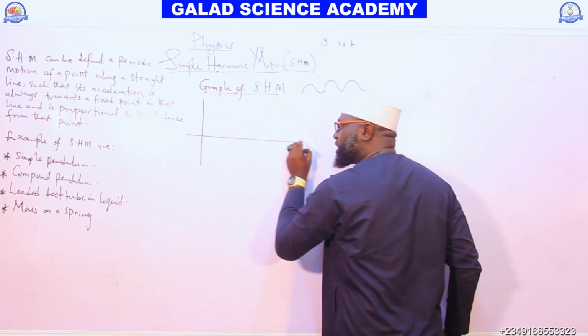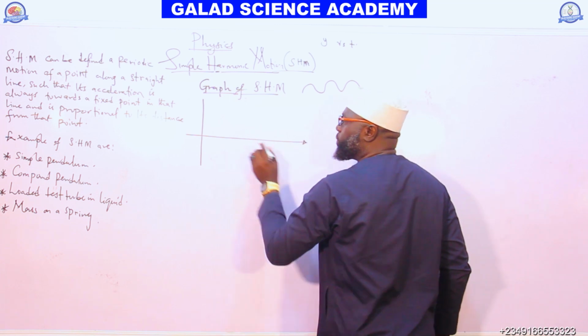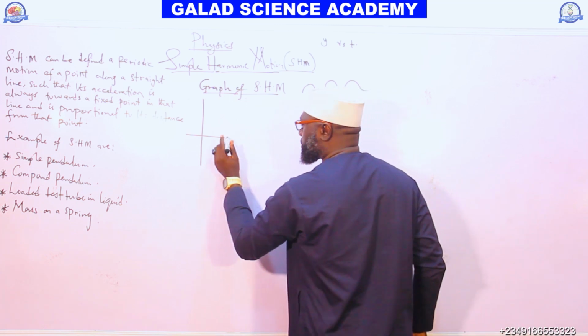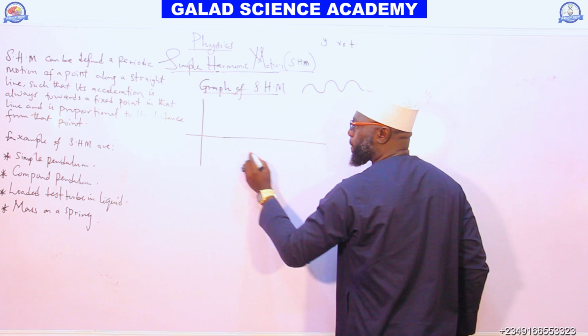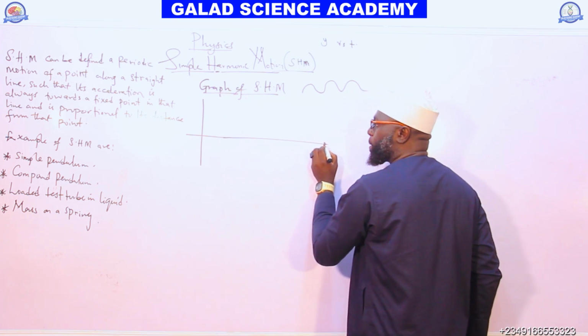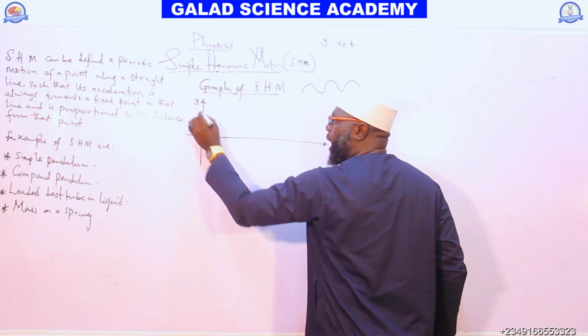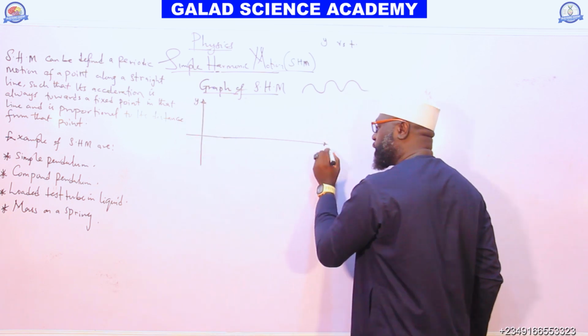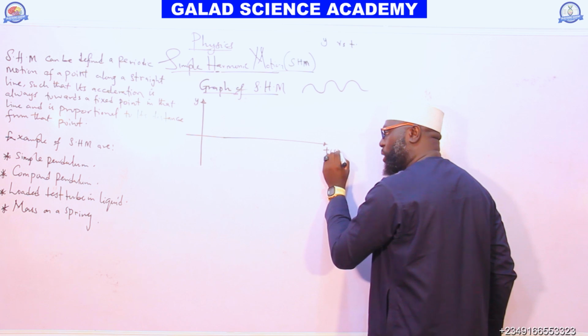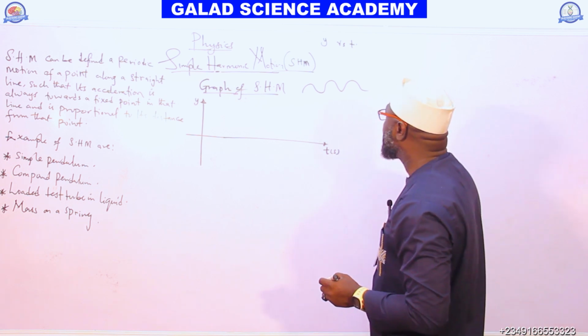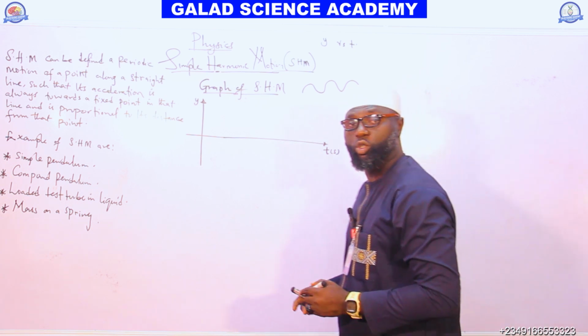So let us look at the curve of SHM. This is displacement y against time, time in seconds. The graph is a sinusoidal curve.